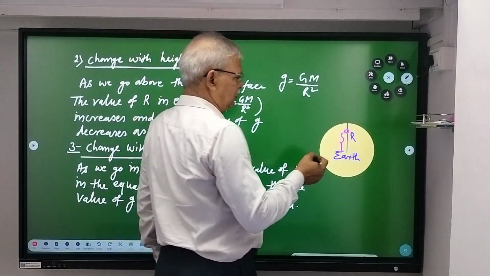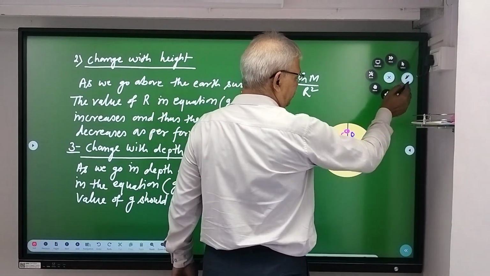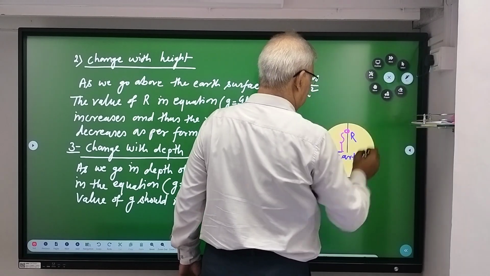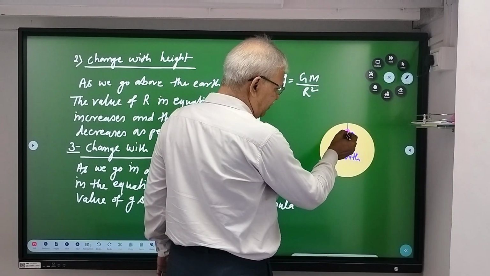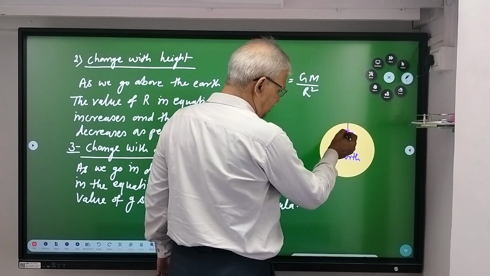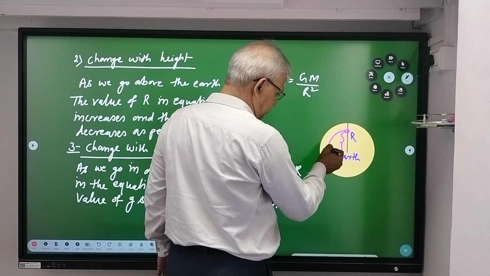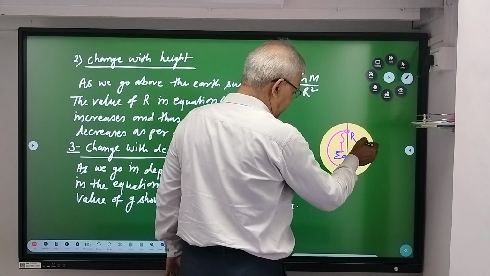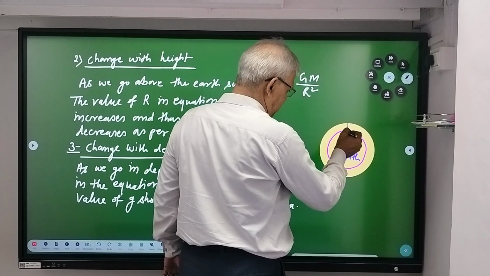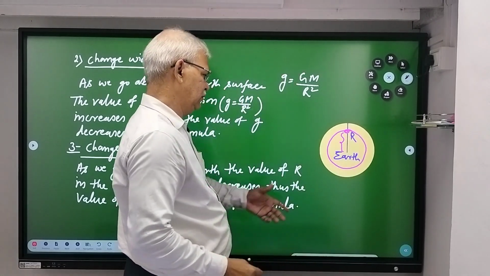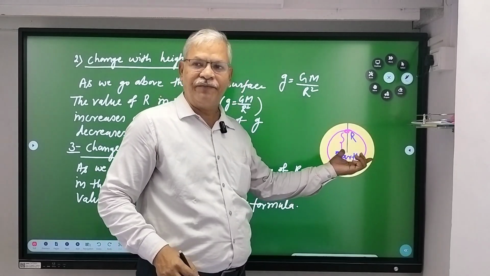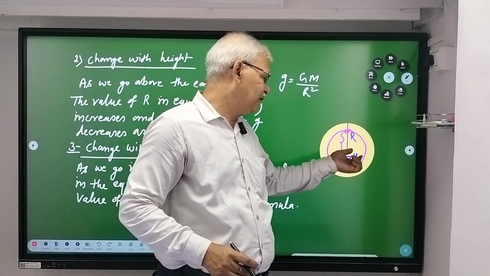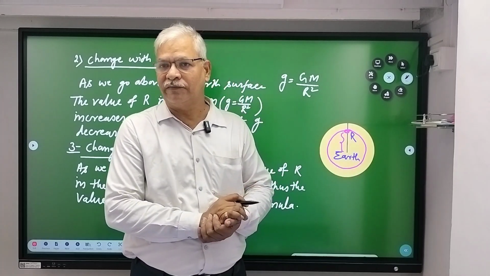See here, I am going to explain to you what happens when the object is here. Then only this part of the Earth which is inside this will contribute in the gravitational force of the Earth.